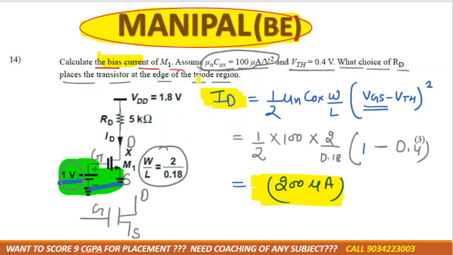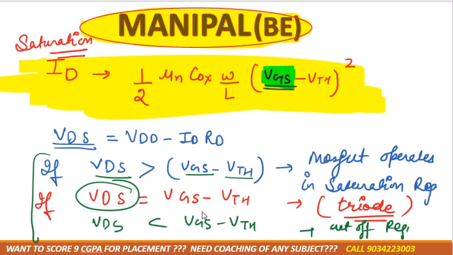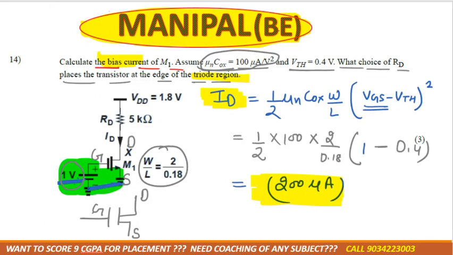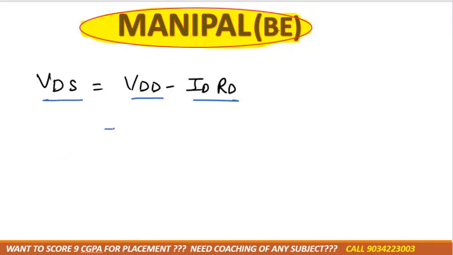Now we have to see that it's a triode region. For the triode region, this would be equal. Correct? So we should know the formula of VDS. VDS is how much? VDD minus ID RD. Now see in the numerical what we need to calculate. We need to calculate RD, right? So VDD, we know VDD.